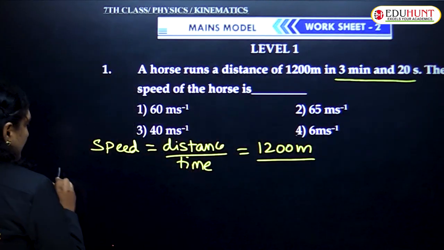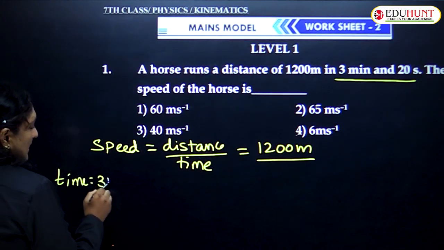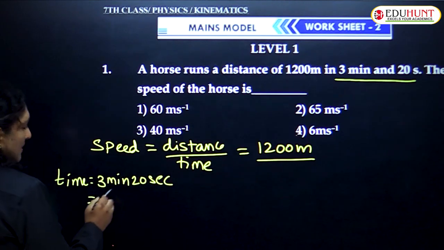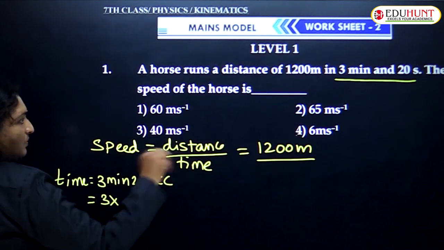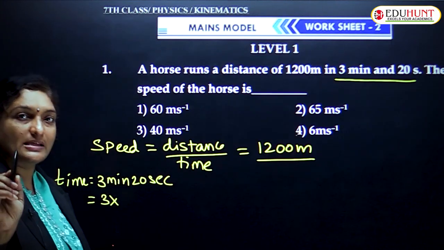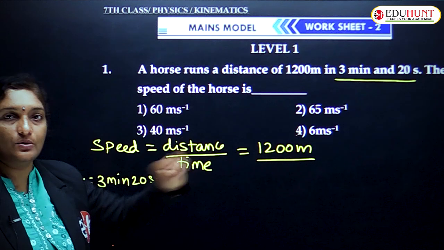First, let us find the value of time. Let us convert it into seconds, because the SI unit of speed is meter per second. As the distance is given in meters, let us completely convert the time into seconds.